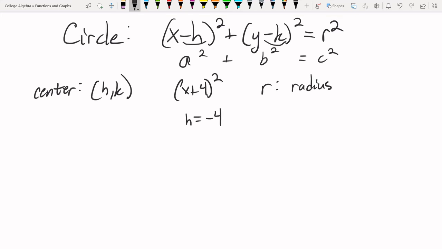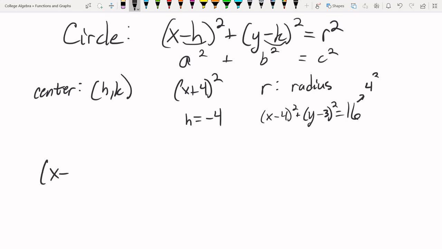The important thing to note here about the radius is that it's squared in the equation. If I have, I don't know, like x minus 4 squared plus y minus 3 squared equals 16, the radius does not equal 16. The radius equals 4 because 4 squared is 16.